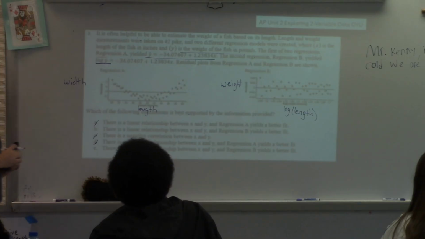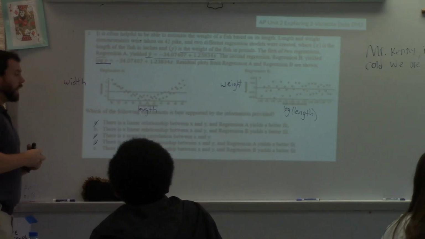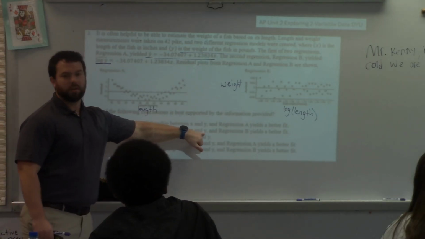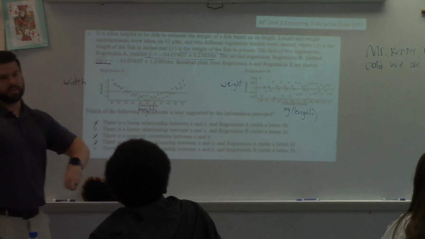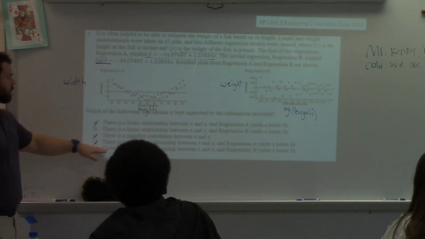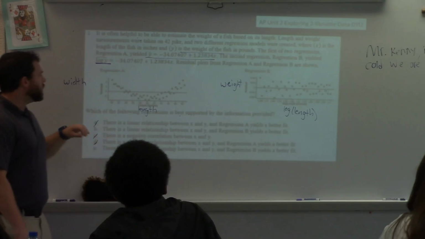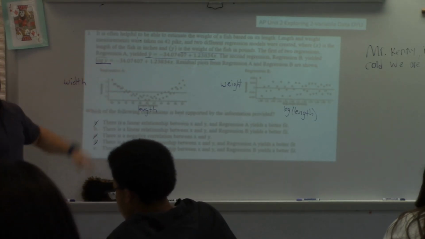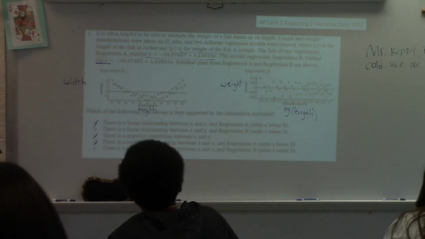If it had said there was a linear relationship between x and the common log of y, that would have been correct. There was a non-linear relationship between x and y, a linear relationship between x and the common log of y. Okay, so be careful about those differences.